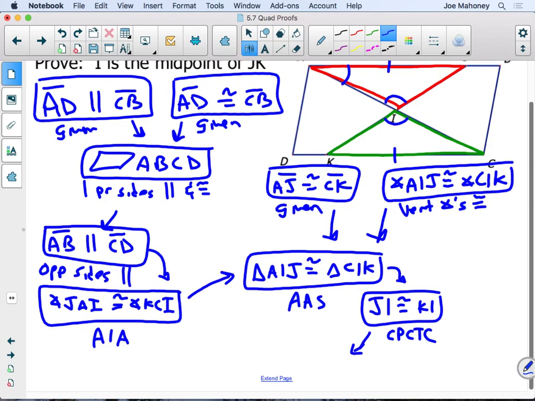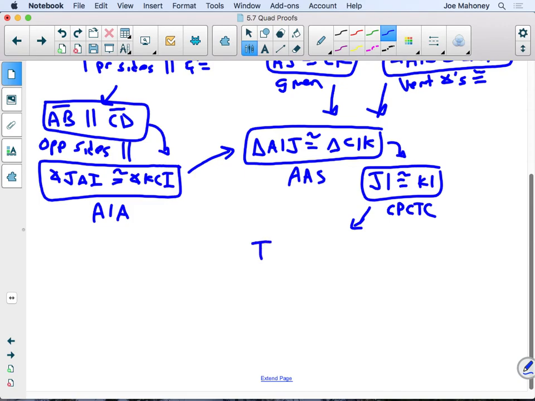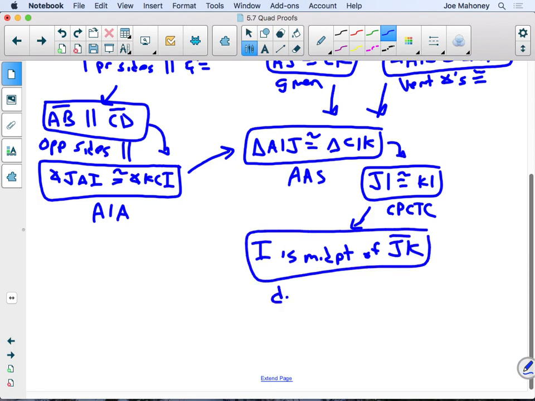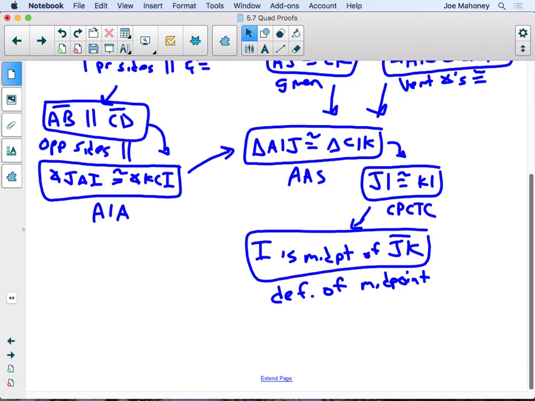And that means that I is the midpoint of JK. And our reason is the definition of a midpoint. So that's our idea about quadrilateral proofs. I hope you realize that's just really a triangle proof that has a parallelogram thrown into it.